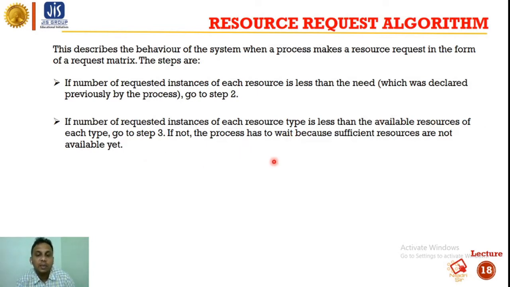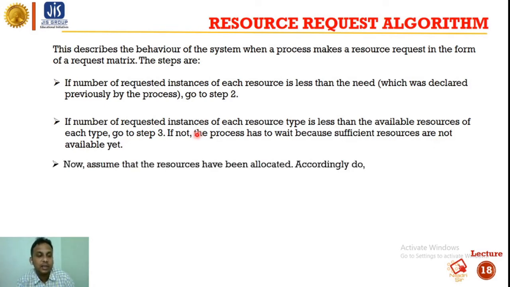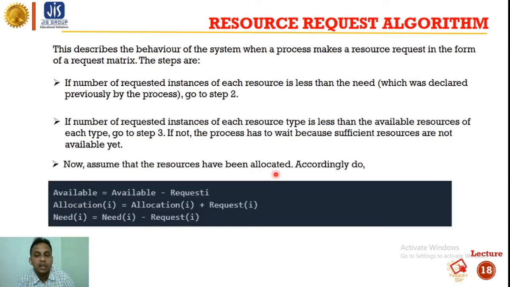If not, the process has to wait because sufficient resources are not available yet. Now assume that the resources have been allocated accordingly: Available equals Available minus Request, Allocation equals Allocation plus Request, and Need equals Need minus Request.